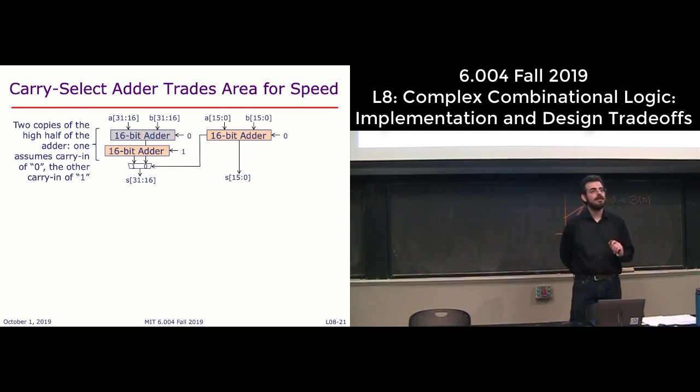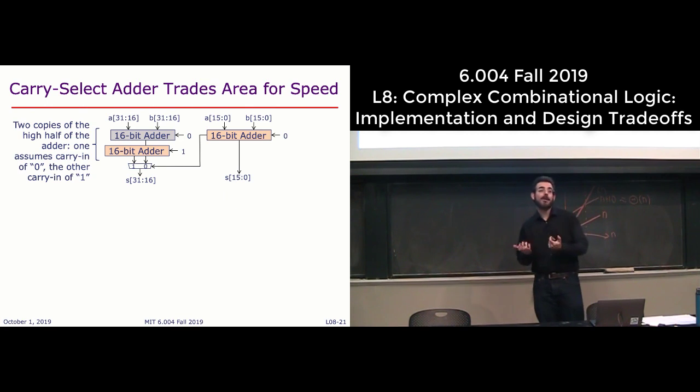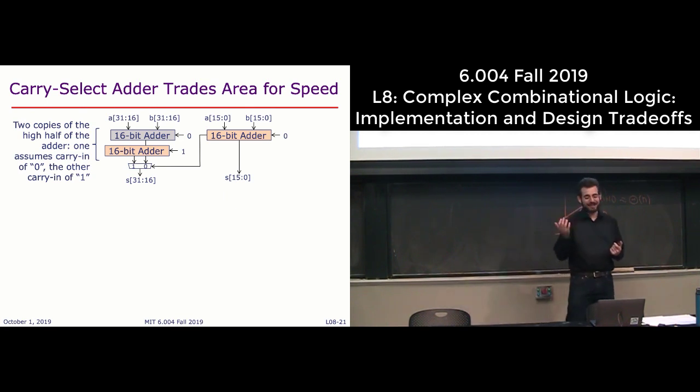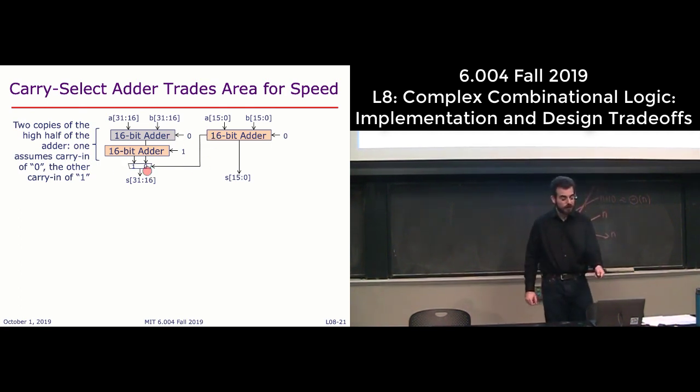We say, well, the carry, the 15th carry, like C15, can be 0 or can be 1. And the problem is we have this long chain and we don't know what C15 is for a while, and then it has to propagate through the whole upper half. Let me just compute both values of C, right? So have a 16-bit adder that takes a carry in of 0, and have a 16-bit adder that takes in a carry in of 1.